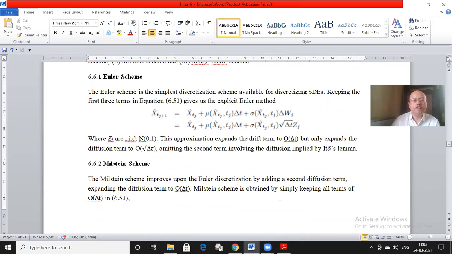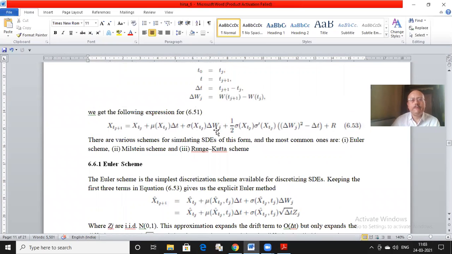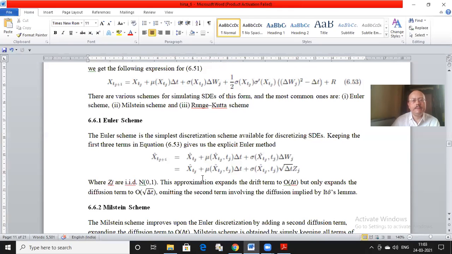So what do we do? We keep only the first three terms in the expansion and ignore the sigma sigma prime term altogether. So I put this whole thing in R. I just say that in the explicit Euler method, xtj plus 1 hat is xtj plus mu delta t plus sigma delta w.